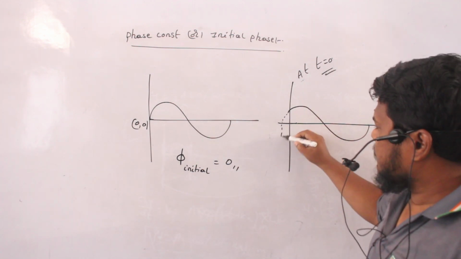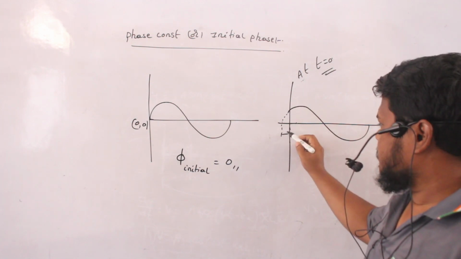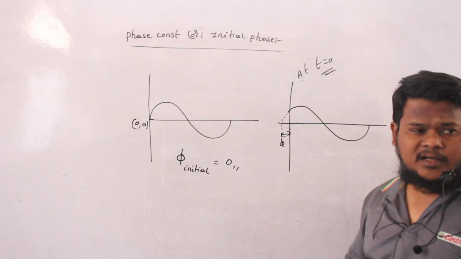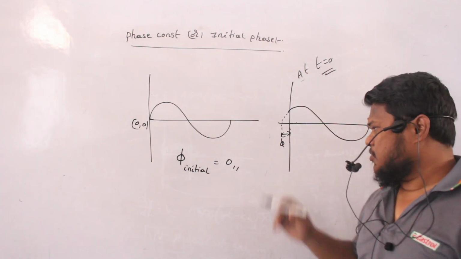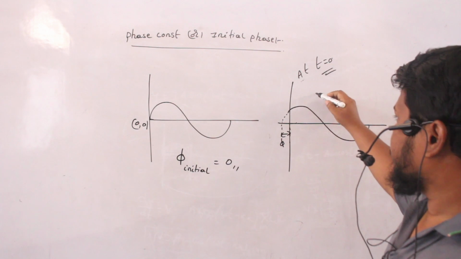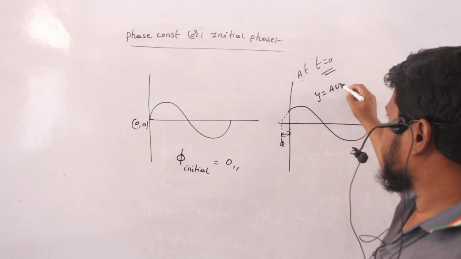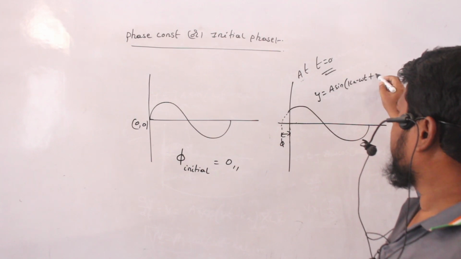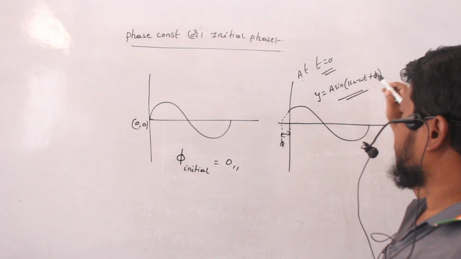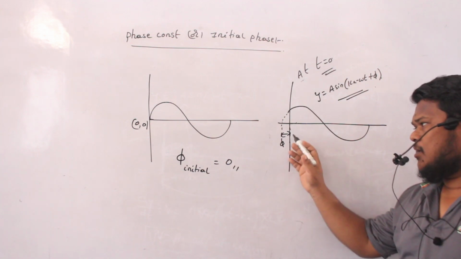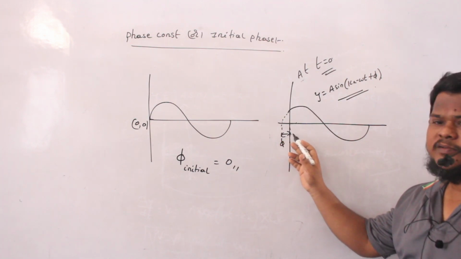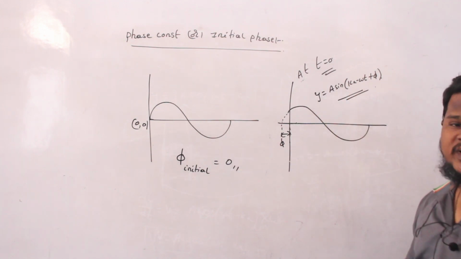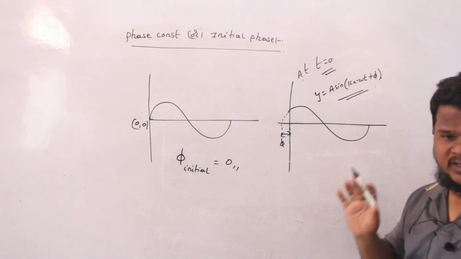It has already some positive phase, pi, which is already present. So for this one, how can I write the equation? I can write y is equal to a sin(kx minus omega t plus pi). This is the relation which I can write, because already there is some positive phase present for this particle.